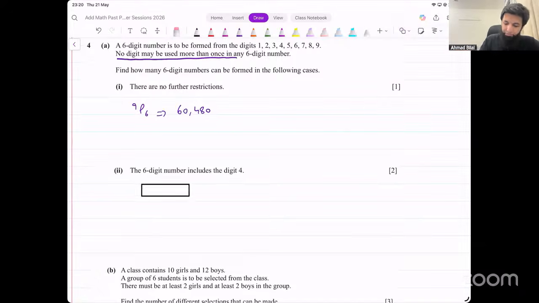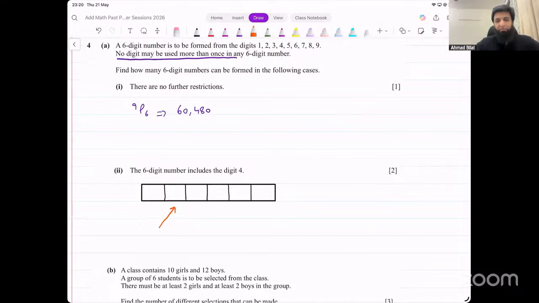We could say it's a 6-digit number, so we have 6 places for the 6 digits. Now, out of those 9 digits, 4 has to be selected. 4 has to be in this 6-digit number. Okay.